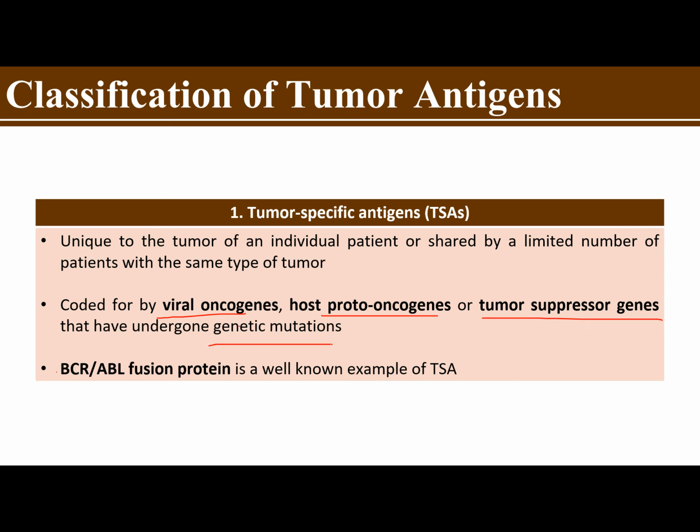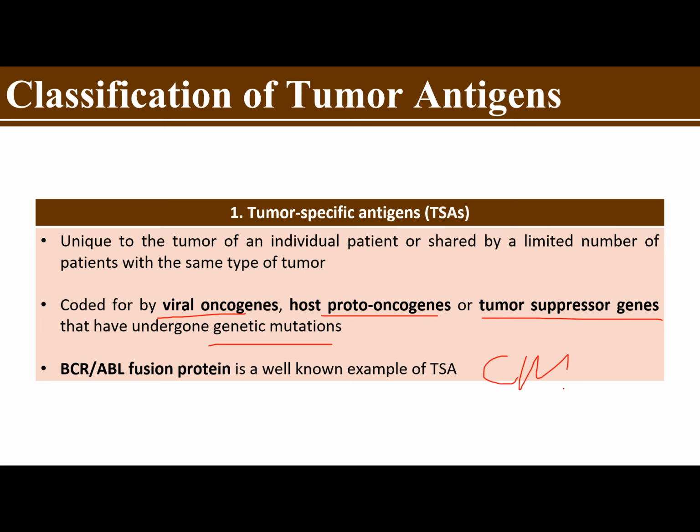An example of this is the BCR-ABL protein, which is a well-known example of your TSA. So if naalala niyo yung BCR-ABL na yan, that's a marker, class, for a type of leukemia. If naalala niyo pa kung anong leukemia yon, I hope you remember.